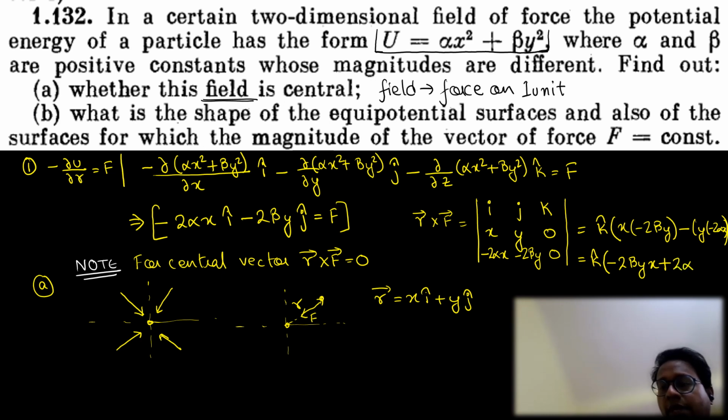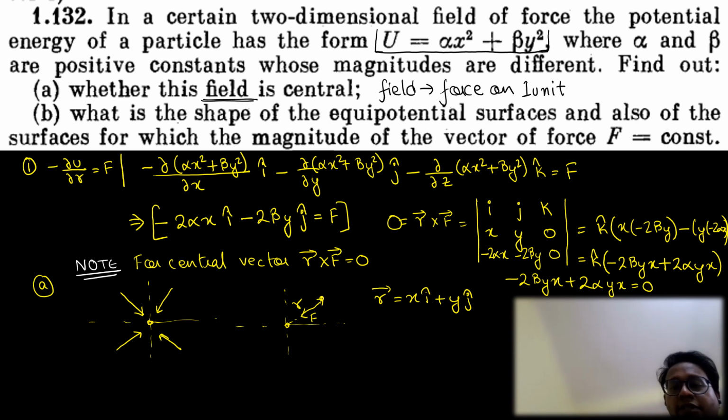For this to be central, r cross f should be equal to 0. So the i component and j component are already 0, the k component should also be 0. So out here minus 2 beta xy plus 2 alpha yx is equal to 0.